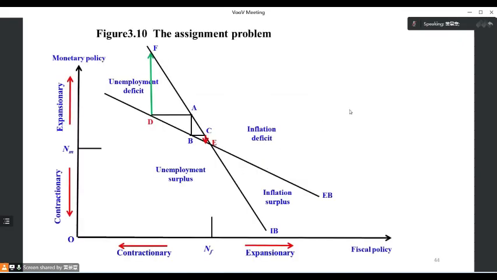Let's see Fig 3.10. The assignment problem.